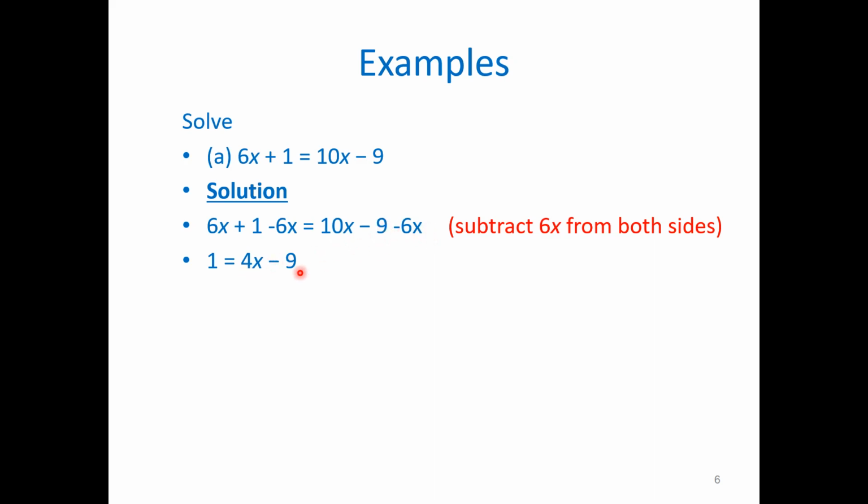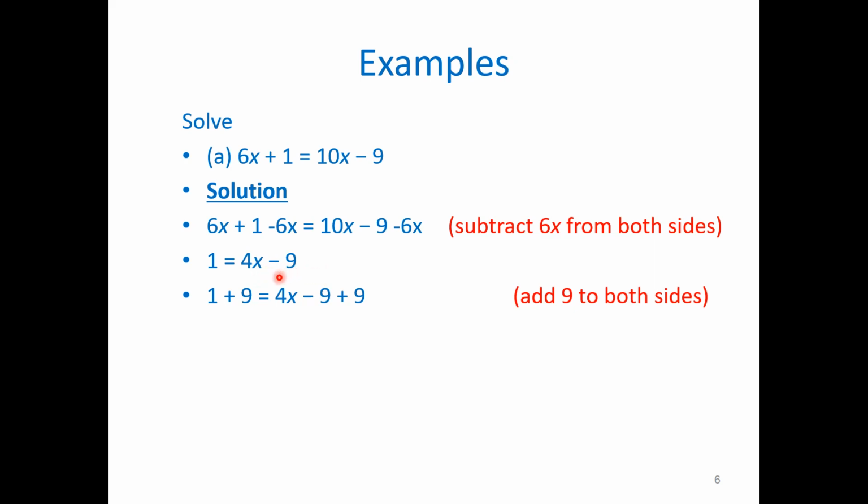So the next step is to keep 4x alone. We want to get rid of minus 9, and to do so, we have to add 9. If we add 9 to the right side, then the right side becomes 4x only, because minus 9 plus 9 will be 0.